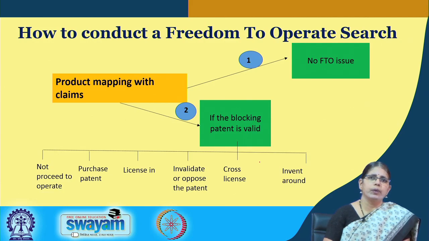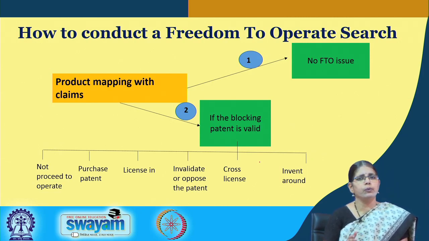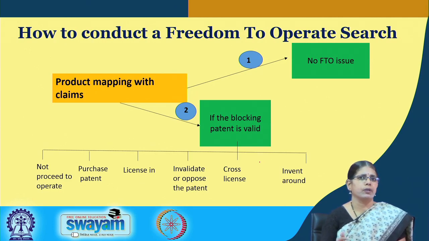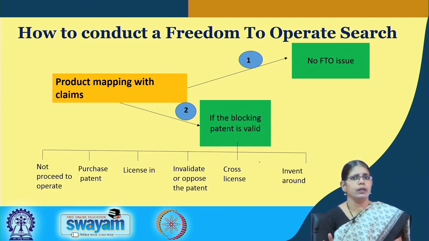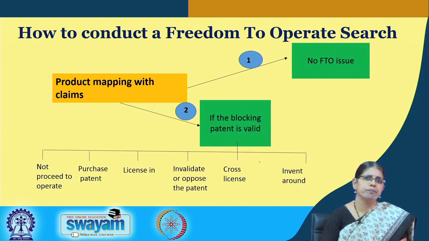One straight outcome may be that there is no FTO issue, in which case the product can be brought into the market safely without infringing the IP of another. The second outcome is where you find patents which are blocking patents which will prevent you from getting into the market, in which case you will not have the freedom to operate with respect to your product without infringing the rights of the IP of another company.